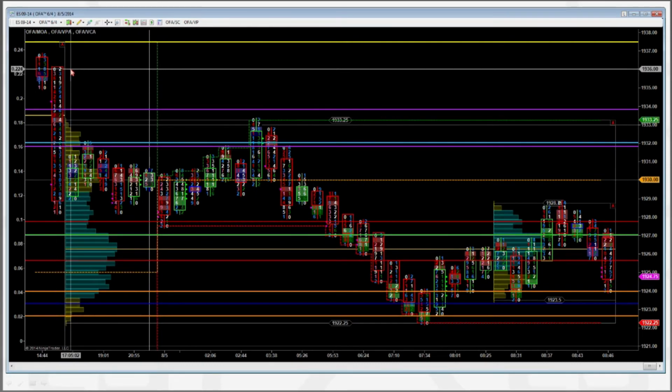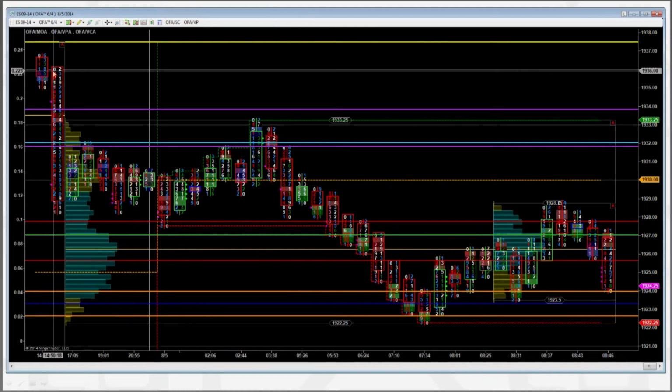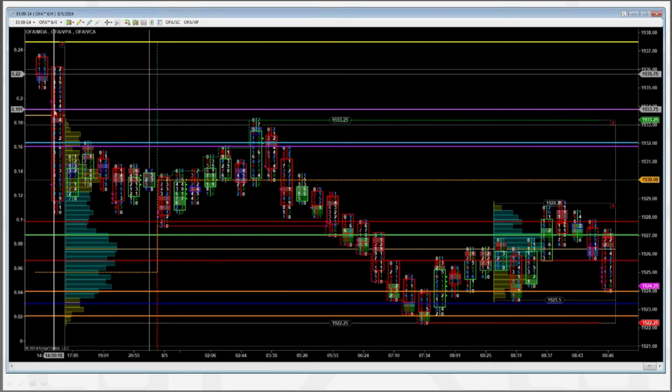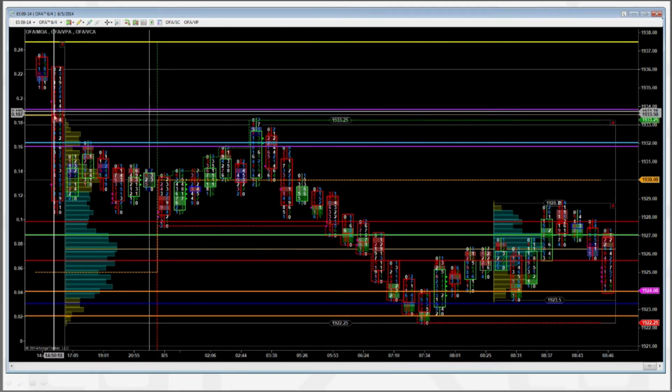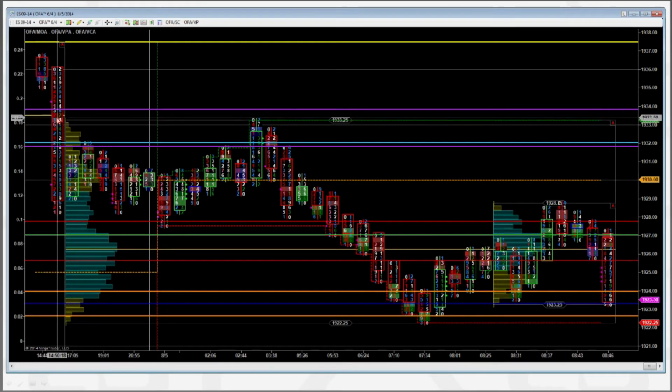And as you can see, as this moved down towards the end of the day yesterday, we went from 36 in terms of this probe down to 28.25. So with the probe and rotation, in all of this volume, it may be difficult, and here's the volume clusters and the tool that we use to identify where that volume came in.